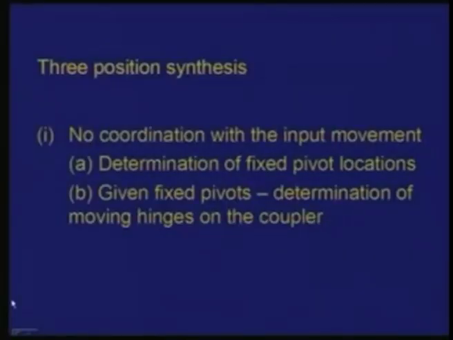So let me now explain how to determine the moving hinges on the coupler such that a 3-position synthesis problem can be solved with given fixed pivot locations. Towards this end, we shall use the principle of kinematic inversion. If you remember, in a mechanism, the relative movements between various links remain independent of kinematic inversion.